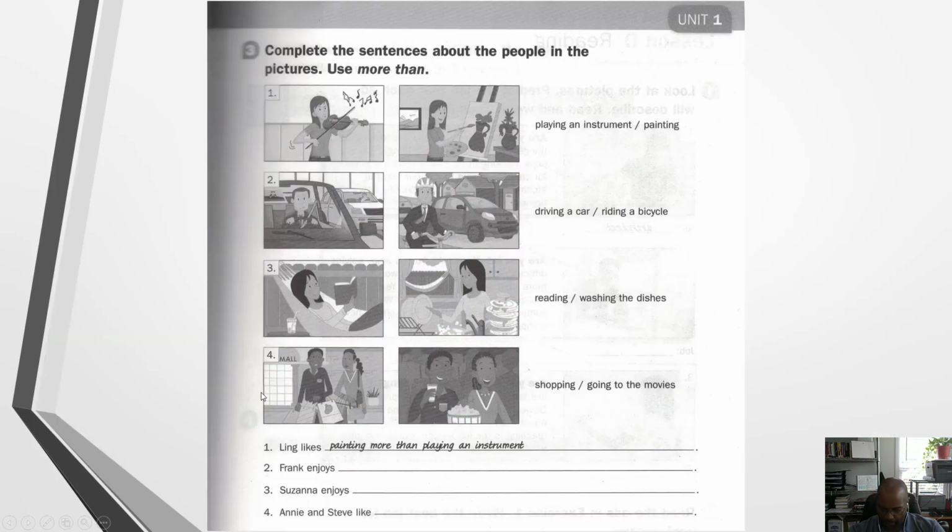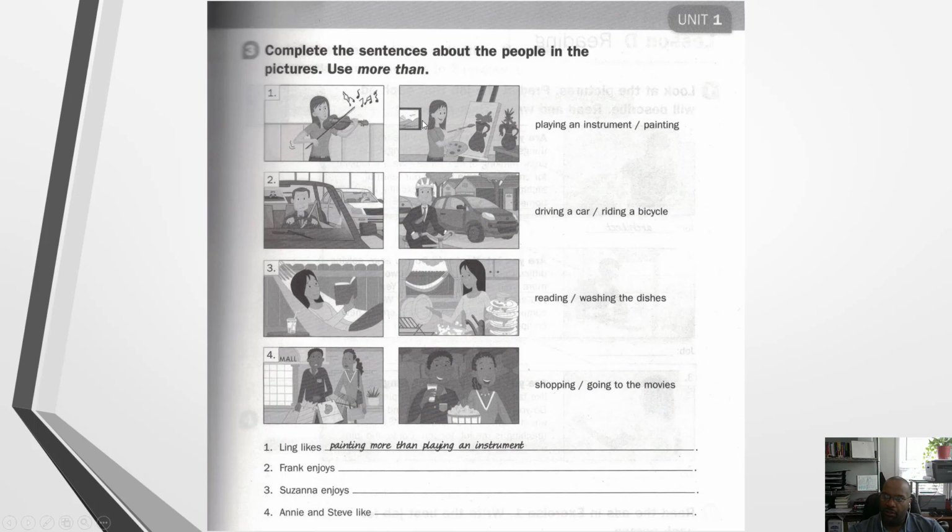So page 11. Now we have number 3. Complete the sentences about the people in the pictures. Use more than. So we're going to just use more than for these examples. So we have 4 sets of pictures. And this one, playing an instrument. Looking at this, I don't think she's very happy playing the violin, but she looks happy painting.